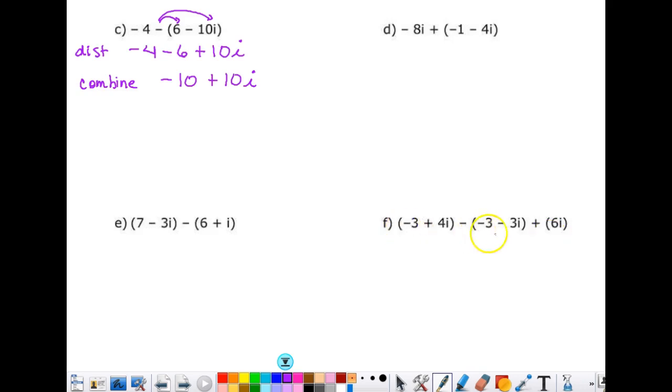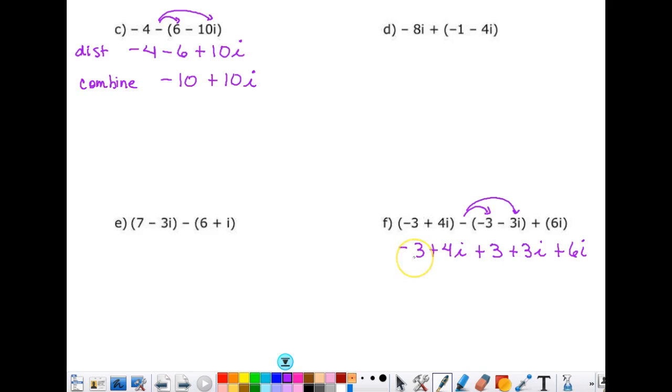So you just scan along here and go, oh look, I need to distribute that negative. I don't need to do anything here with this positive. So you have -3 plus 4i plus 3 plus 3i plus 6i. Now look for like terms. Put all the normal numbers together.